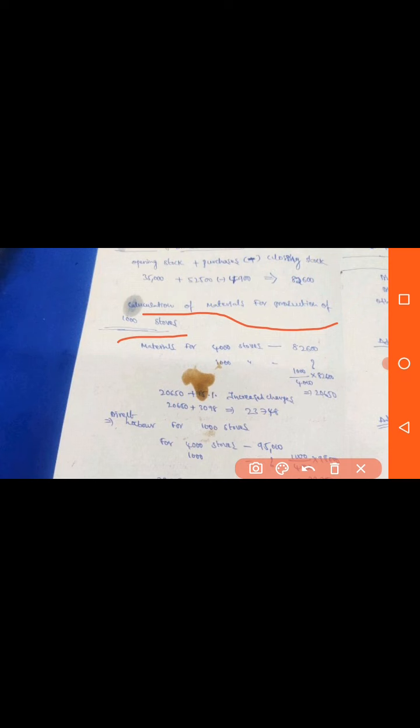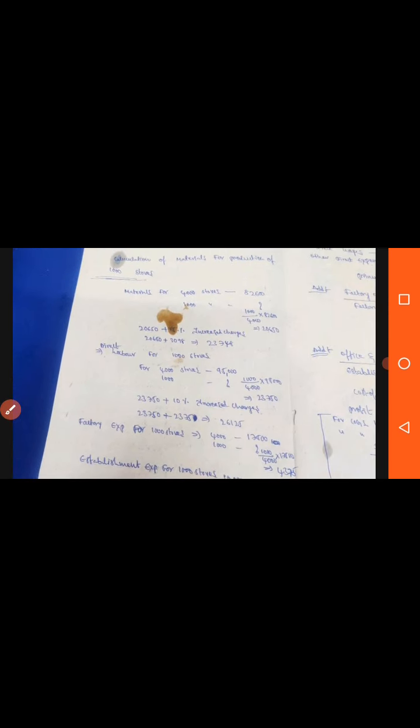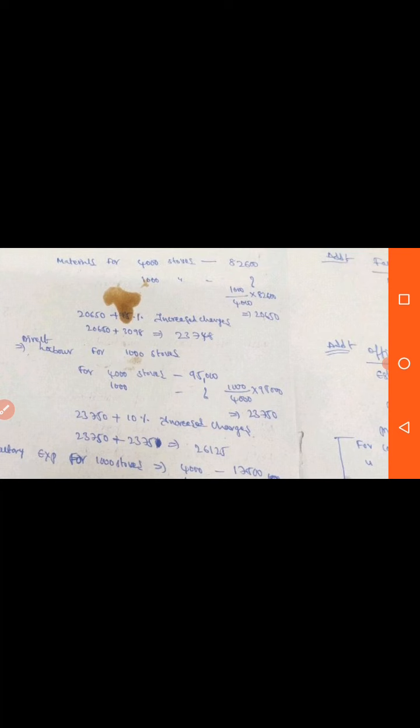And we also have increased material charges given in our textbook. So the new material charges for production of 1,000 units equals 20,650 plus increase of 3,098.